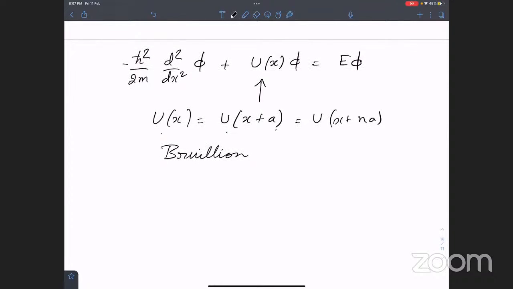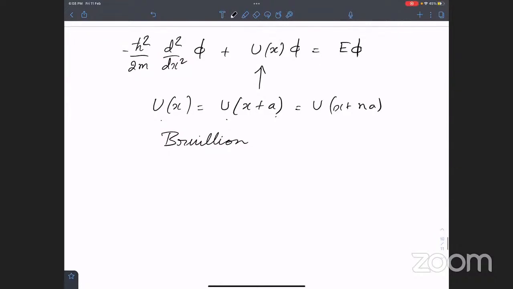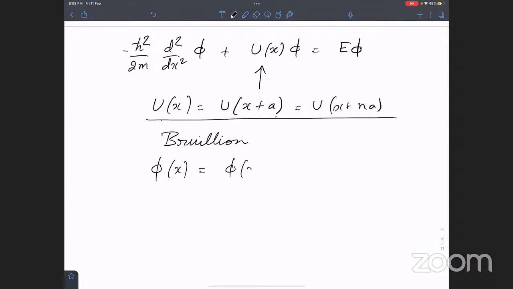So there is a theorem, and actually what happens is that if the potential is periodic, it turns out that your wave function will also be periodic. Okay, not your wave function, sorry, the probability, which is nothing but phi squared, right? This is also periodic. Obviously, right?